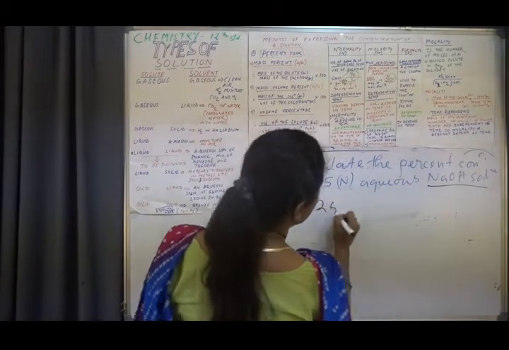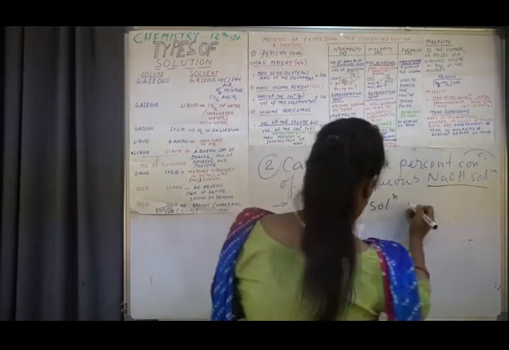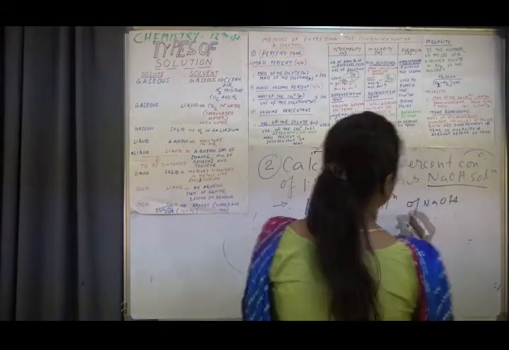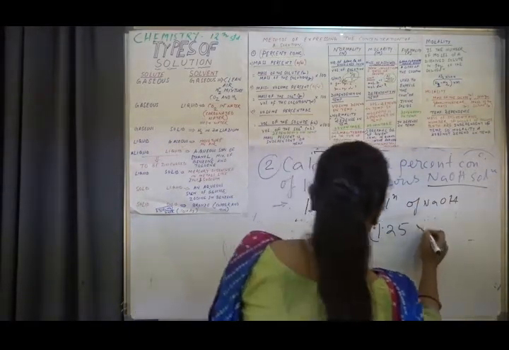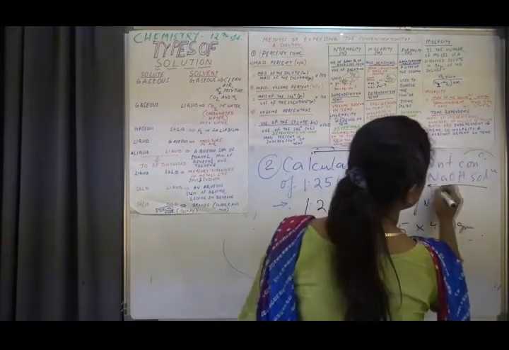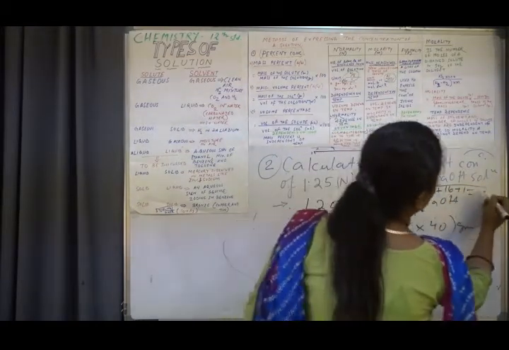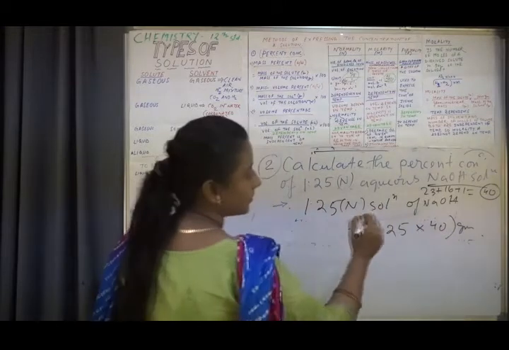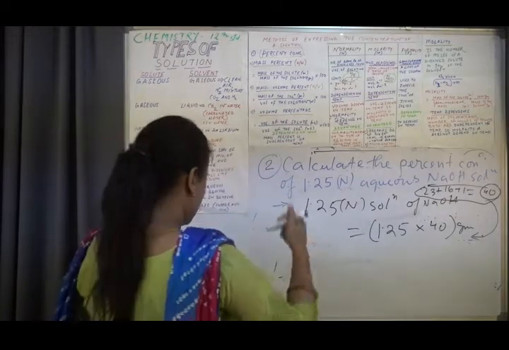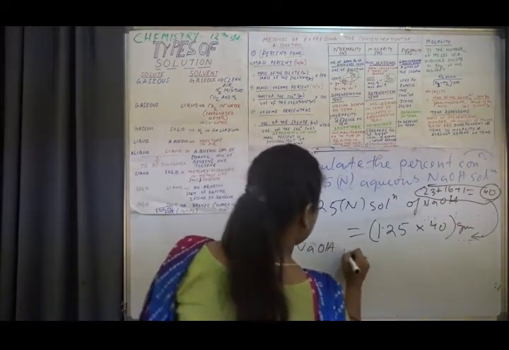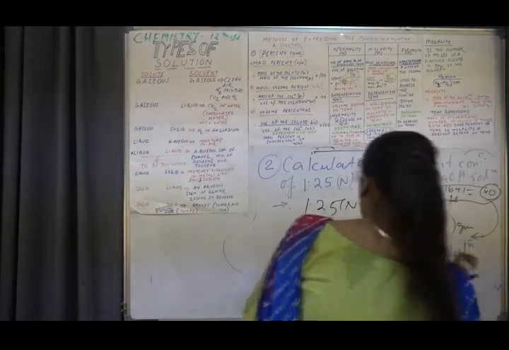So 1.25 normal solution of NaOH contains what? NaOH 1.25 into 40. From where is this 40 coming? Sodium 23, then 16 plus 1. This is coming 40. This is the molecular weight.